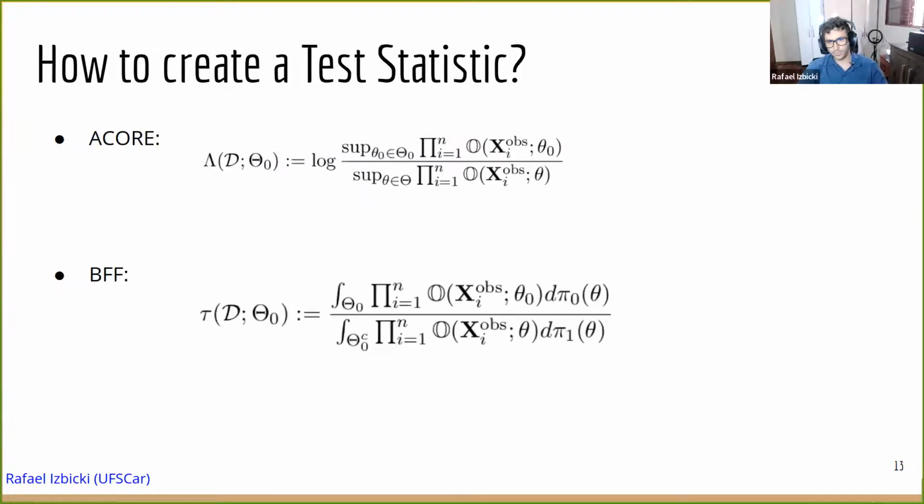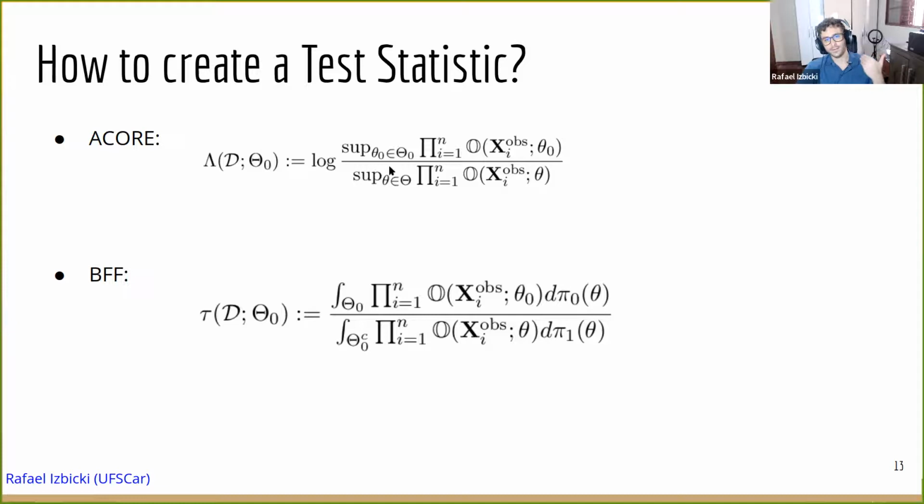We work with two test statistics in this paper. The first one is what we call the ACOR, and that is the likelihood ratio test. You take the maximum over the null of the likelihood function divided by the maximum over the whole space of the likelihood function. So this is really the likelihood ratio test.